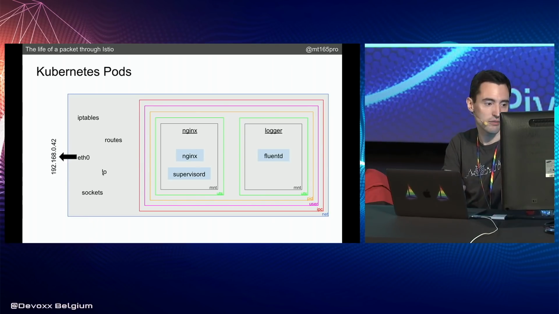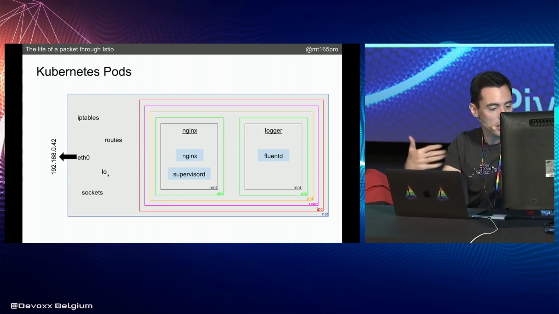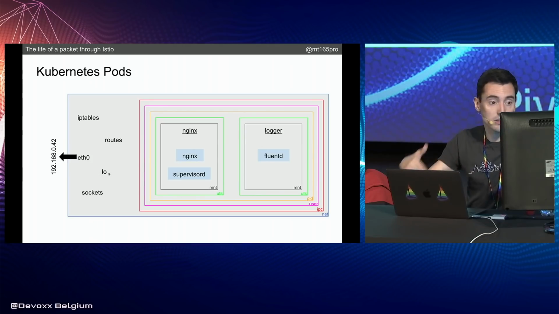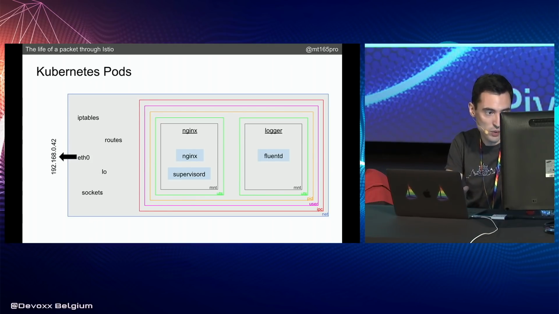If the loopback interface is a communication channel between Nginx and fluentd, say, then some other evil pod can't come and listen to Nginx's logs. Sockets, in the sense of all the sockets that are made when you bind and connect through these interfaces, and Unix domain sockets, they're namespaced as well.